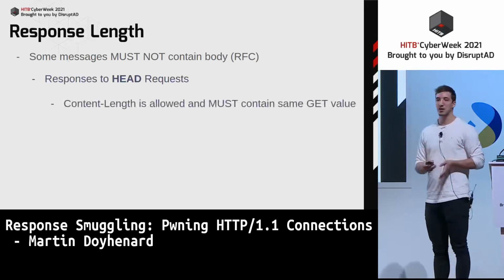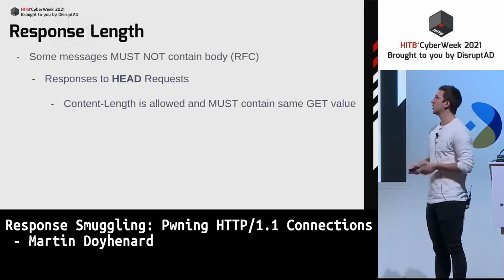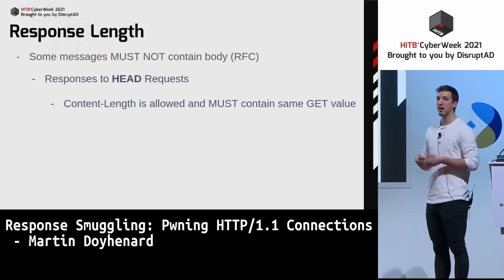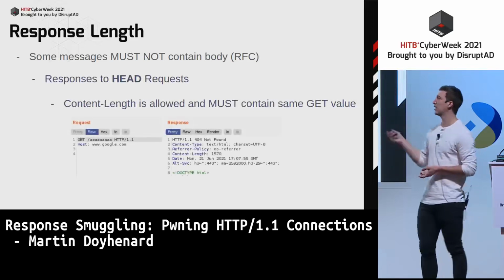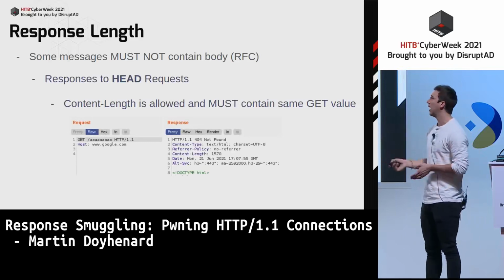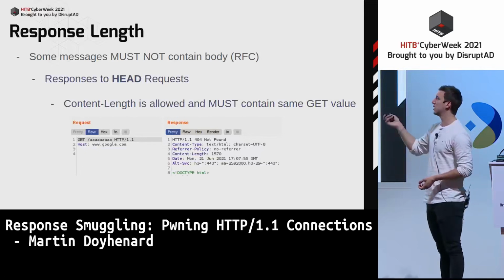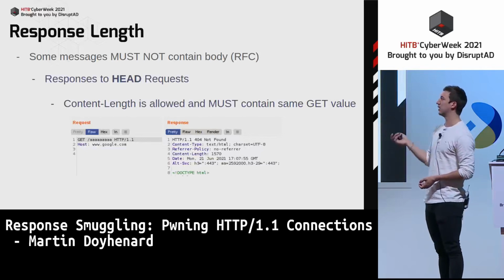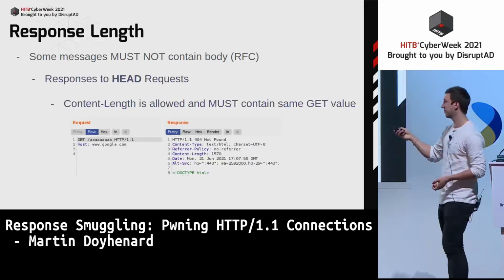But the RFC allows both the backend and the proxy to establish a content length that will not be used. So, for example, this is a GET request to Google, to a not found to any place in Google. And if we send a GET to, let's say, AAA, we will see that we receive a response with a content length of 1,557.